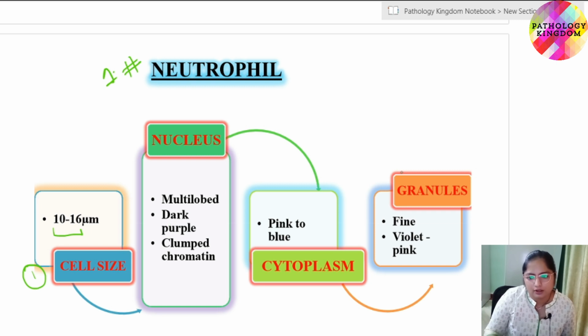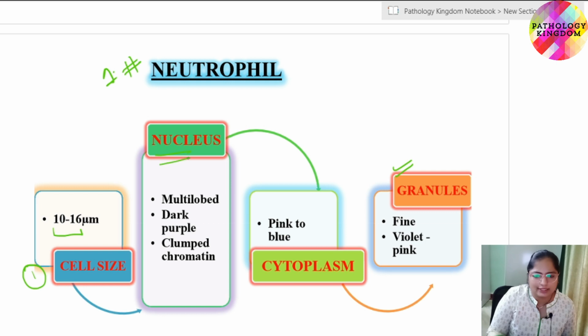They differ on presence of granules, the color of their granules.